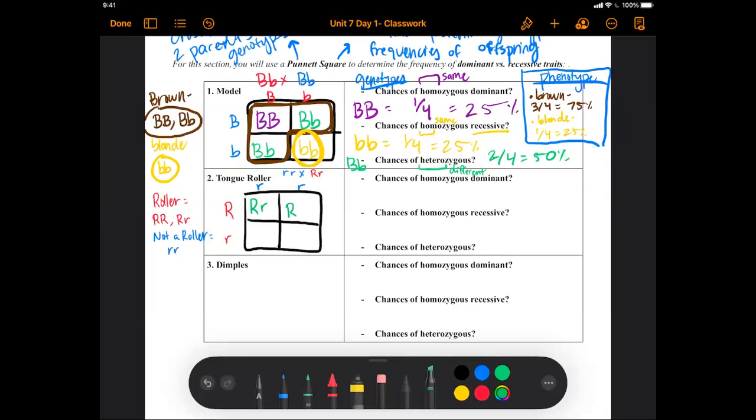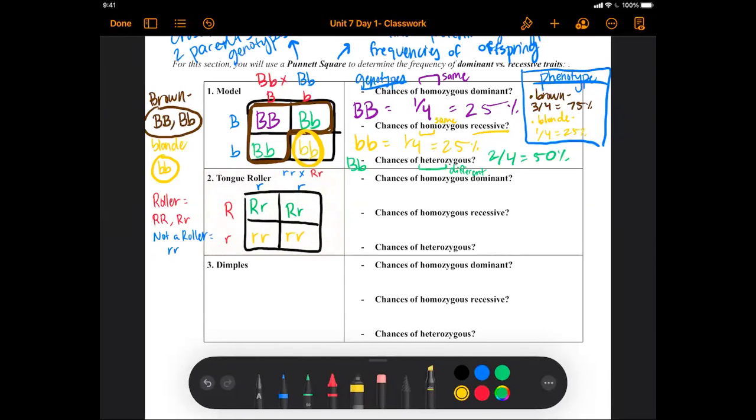Perfect. 1 big R, 1 little r. Okay. Let me hear from Sophia. When you crossed the bottom left box, what'd you get? Perfect. 2 little r's. And let's see, Lindsay, when you crossed the bottom right box, what did you get? 2 lowercase r's. Perfect.